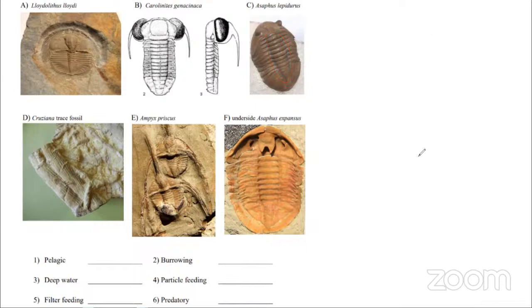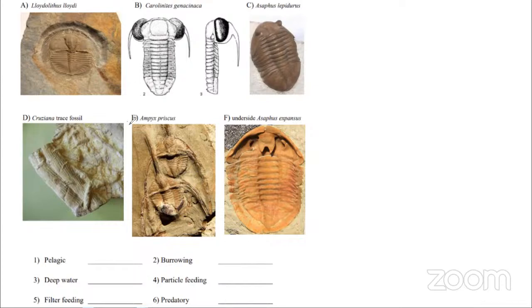How about deep water? What are we thinking for deep water? What grades are we looking for? Yeah, we can't really see the eyes, which would be one of the great things to look at.